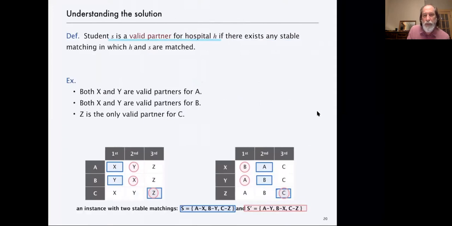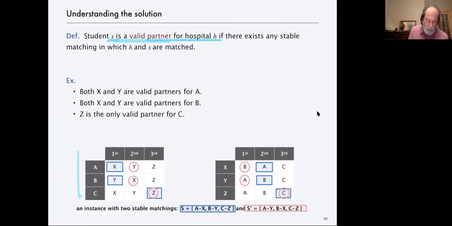So now we want to understand this particular solution, and we're going to use the notion of a valid partner and a best valid partner or worst valid partner. So student S is considered a valid partner for hospital H if there's any stable matching in which H and S are matched. Okay, so what are the valid partners in this example? This is the same example from the previous slide.